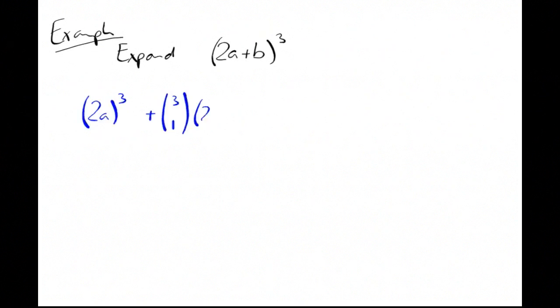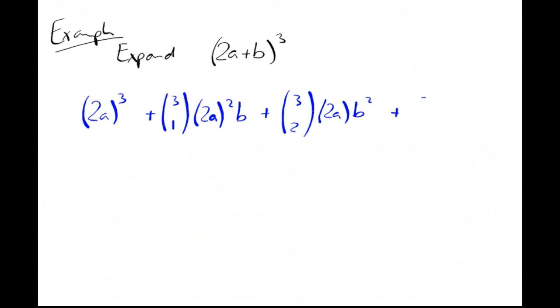So we're going to look at a more complicated example here. Expand 2a plus b all cubed. Well, that's going to be 2a cubed plus 3 choose 1, 2a squared b, so one of them is running down, the other one's running up, plus 3 choose 2, 2a times b squared, plus 3 choose 3, b cubed.